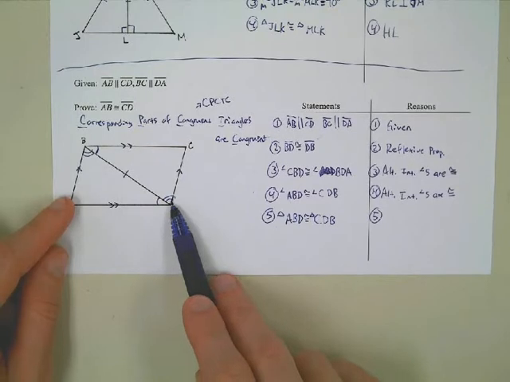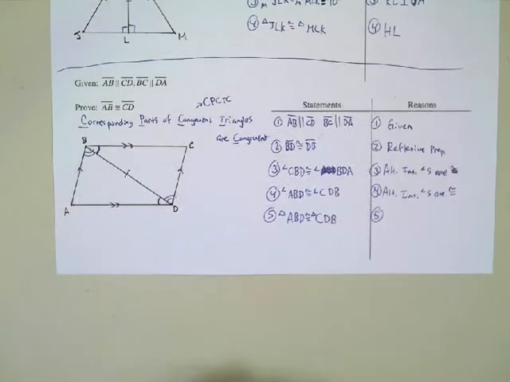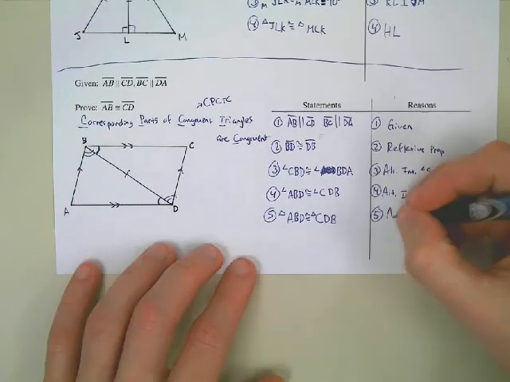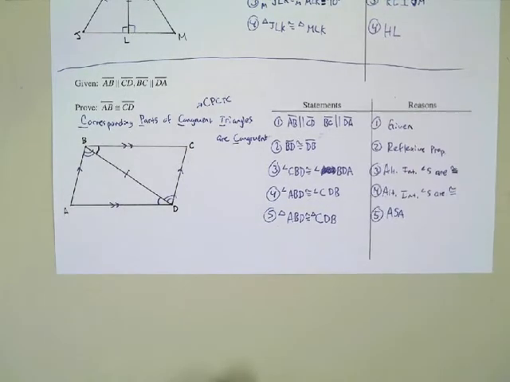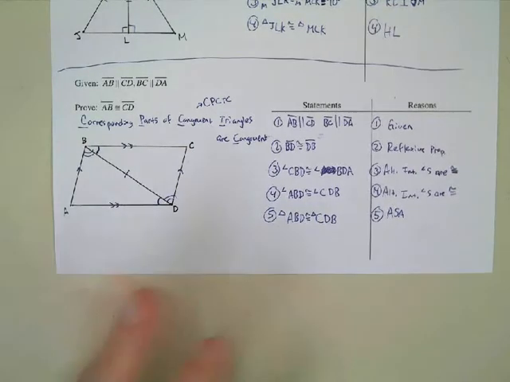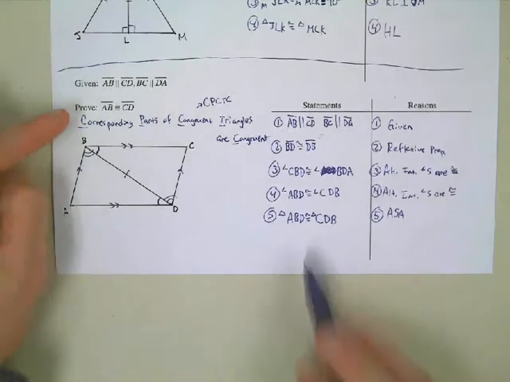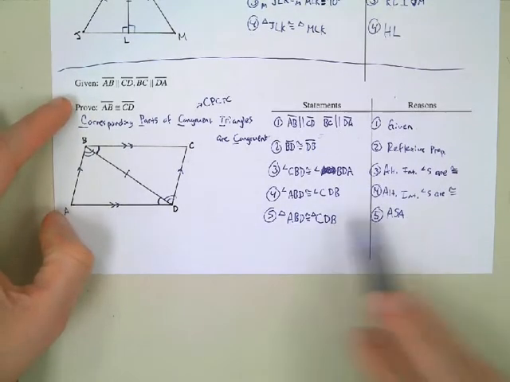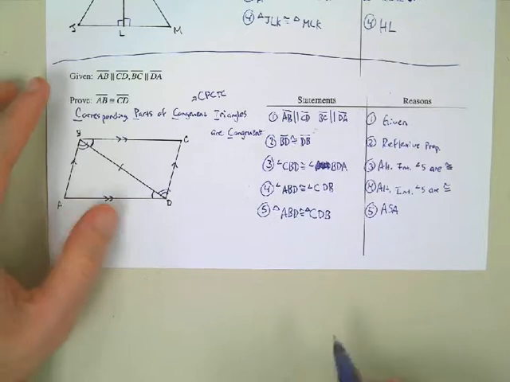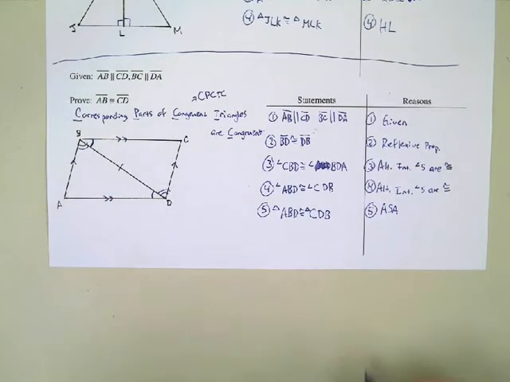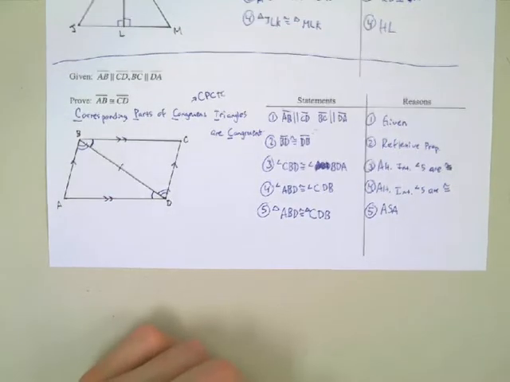So what is it? ASA. Angle, side, angle. Okay, so these CPCTC proofs are a little bit tough because you have to name the triangles now. You still have to come up with that congruence. And so now we finally established those 2 triangles to be congruent.